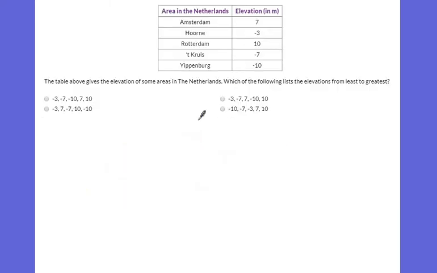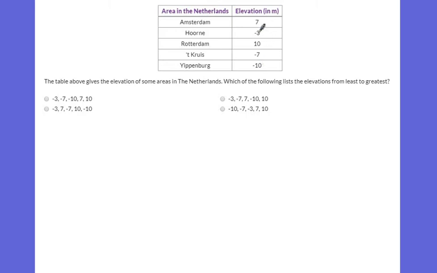All right, the table above gives the elevation of some areas in the Netherlands. Which of the following lists the elevations from least to greatest? All right, so we have positive and negative numbers. The negatives need to be listed first, and the largest negatives need to be listed first.